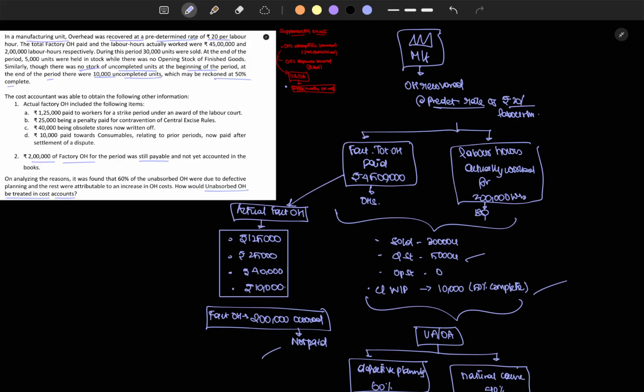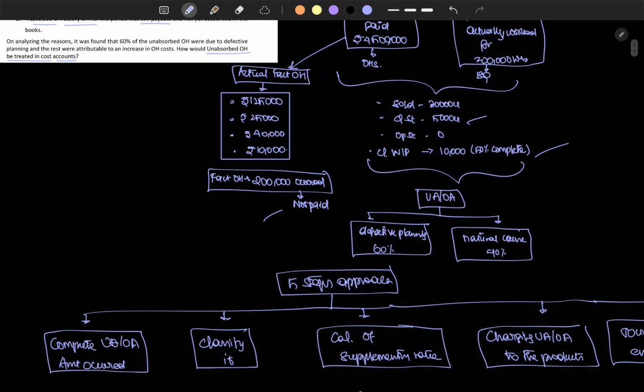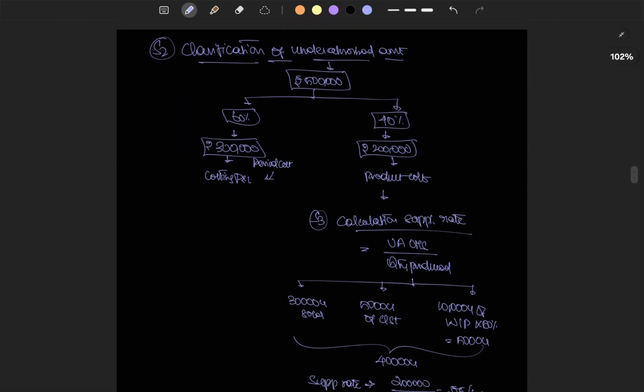So whatever difference comes between both these elements is called under absorbed or over absorbed. This under absorption or over absorption also needs to be accounted in the books of accounts. For this we use the supplementary rate concept. Using the supplementary rate, we are transferring the under absorption value to the sold units, to the closing stock units, to the closing WIP. So all the units we have transferred and we have completed this 5-step approach.